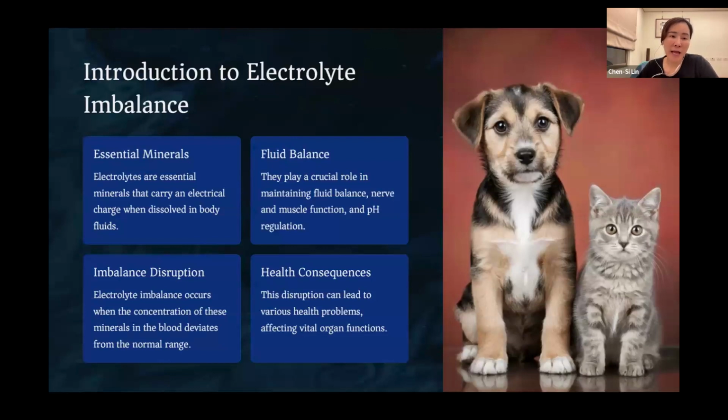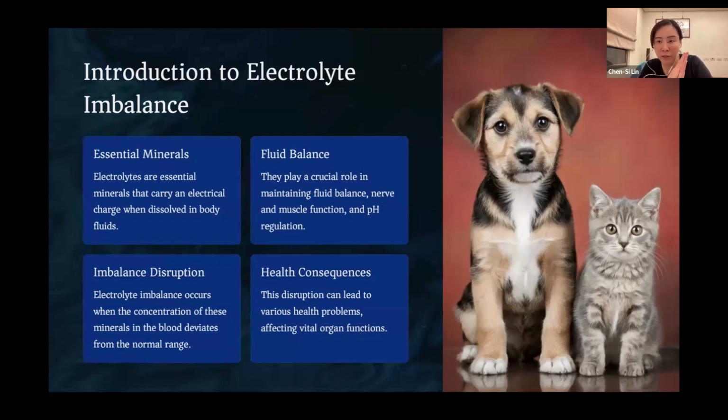So what is electrolyte imbalance? Actually, electrolytes are the essential minerals within our body fluid. The role they play is to maintain the fluid balance, because electrolytes exist within body fluid and provide the basic normal osmolarity.